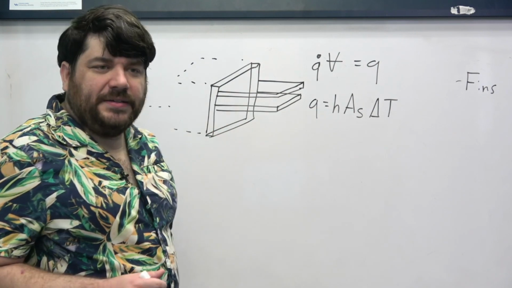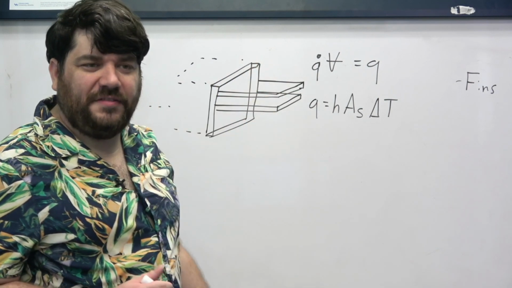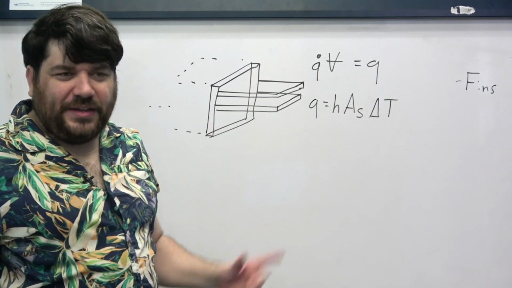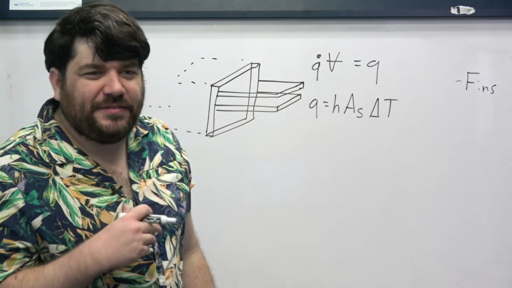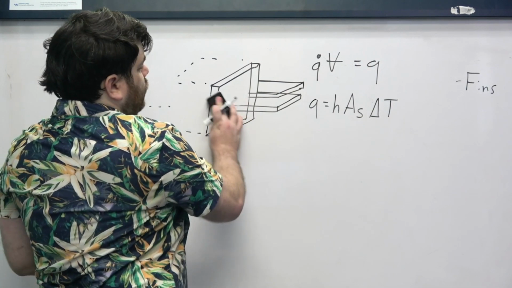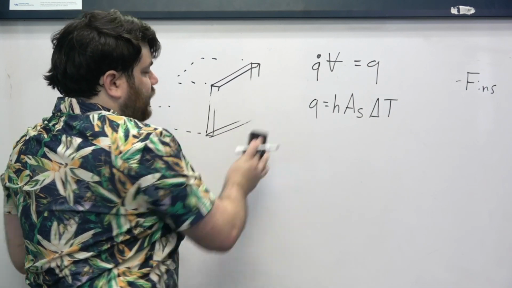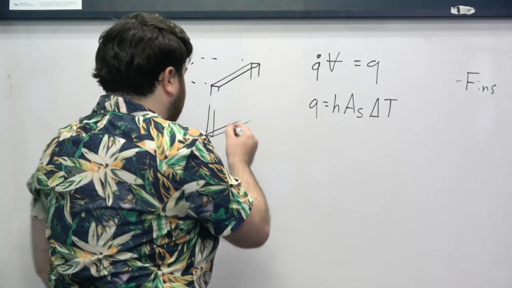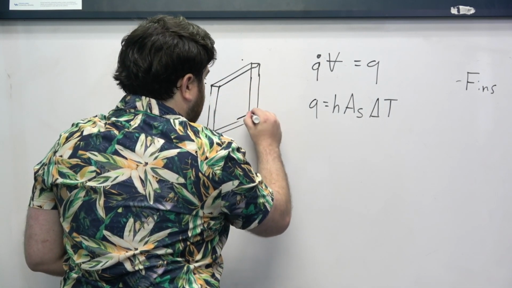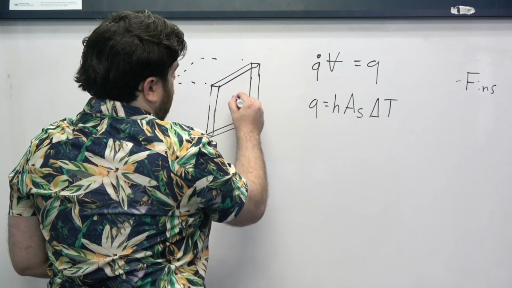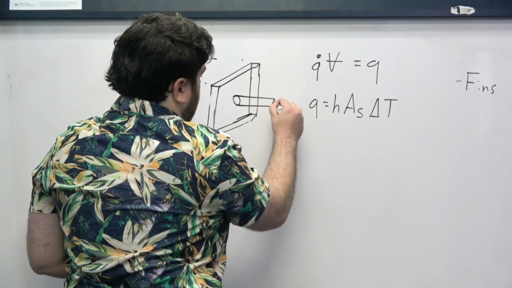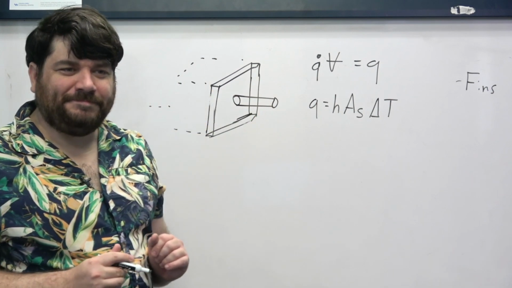And this object is called a fin. It's kind of obvious why it looks like a fin in this way, but a fin doesn't actually have to look like a fin. A fin could also look like a pin. I feel like Dr. Seuss. But consider this little scenario: we could also just have a little cylinder.